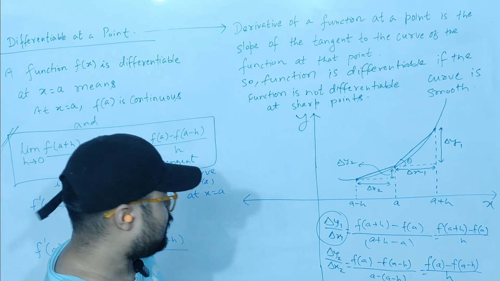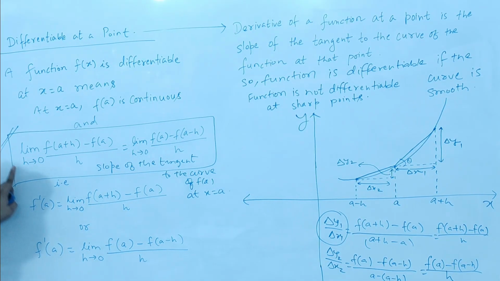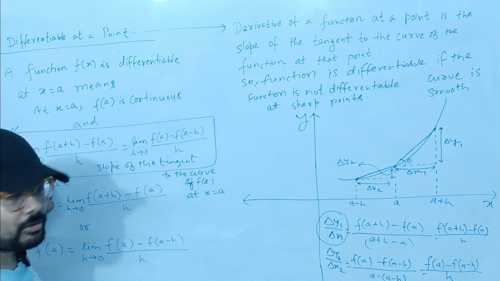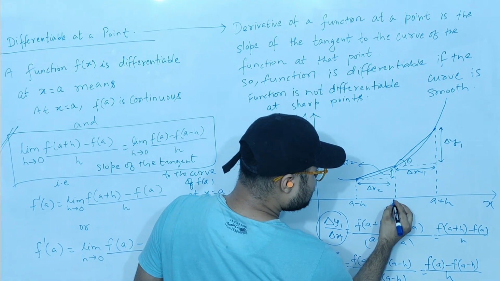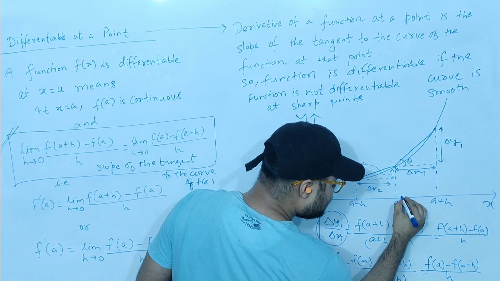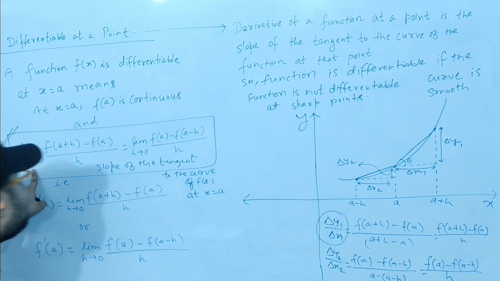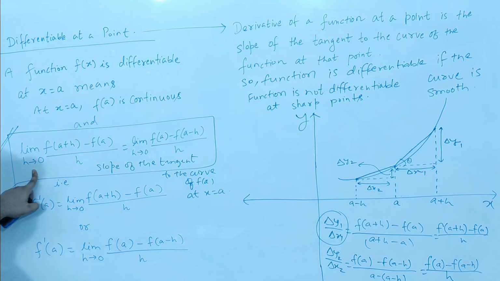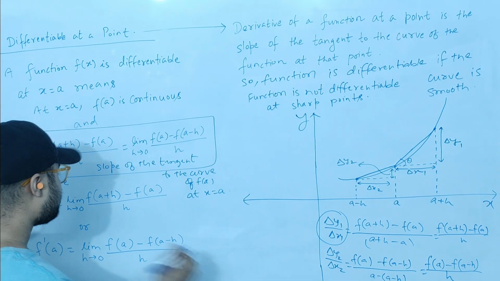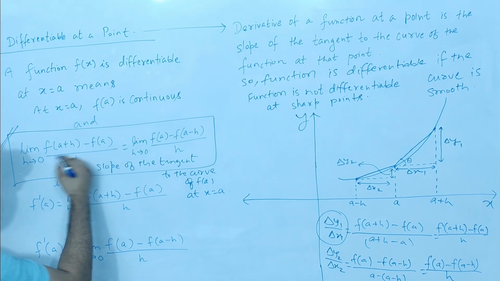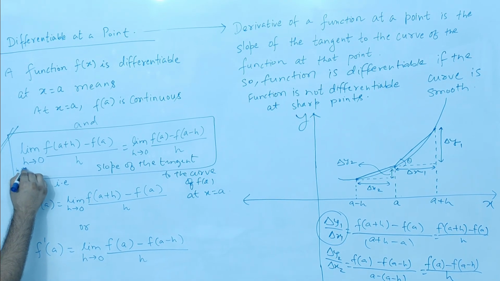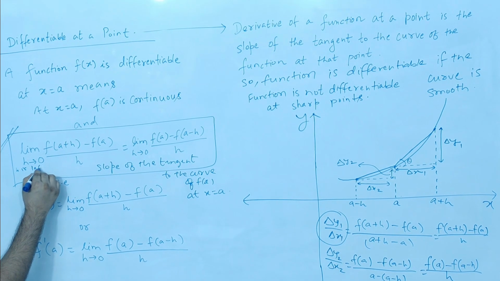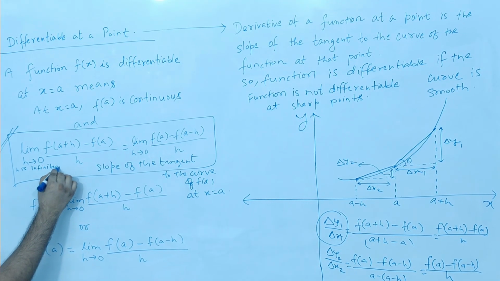Now, if you look at this limit, h is tending to 0. So h is tending to 0 means your a plus h, and h is infinitesimally small. H is an infinitesimally small positive number.